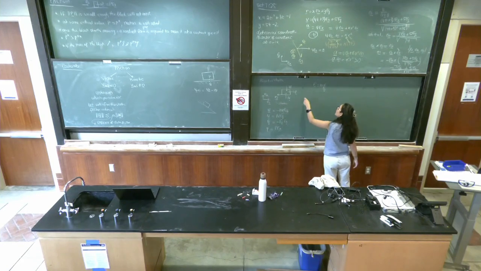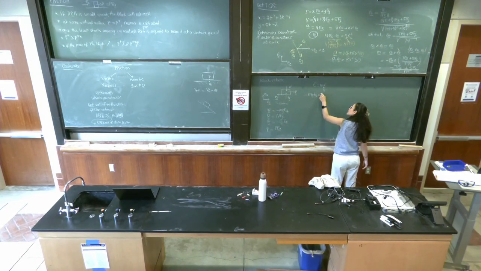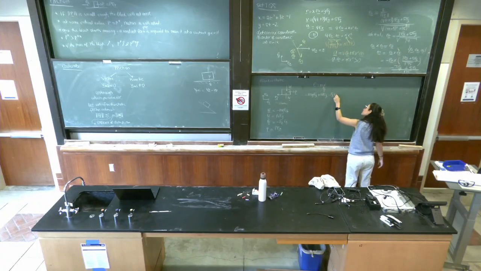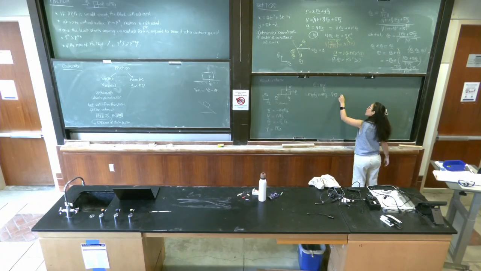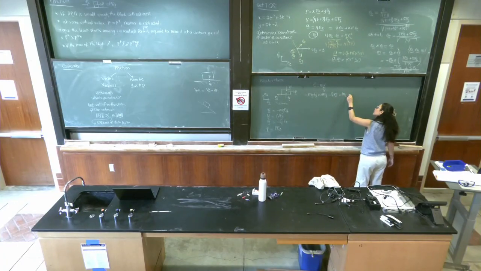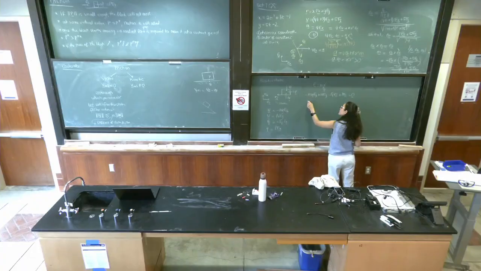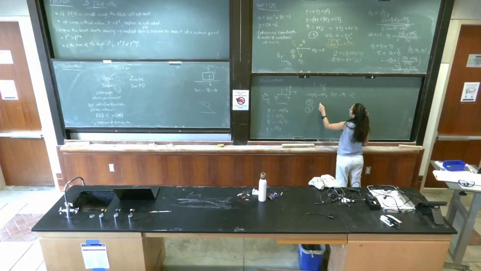Then I can write that minus mg e_y plus N e_y minus F e_x plus P e_x is equal to 0. I can project along x and y, and I'll get that N is equal to mg and the friction force is equal to P.